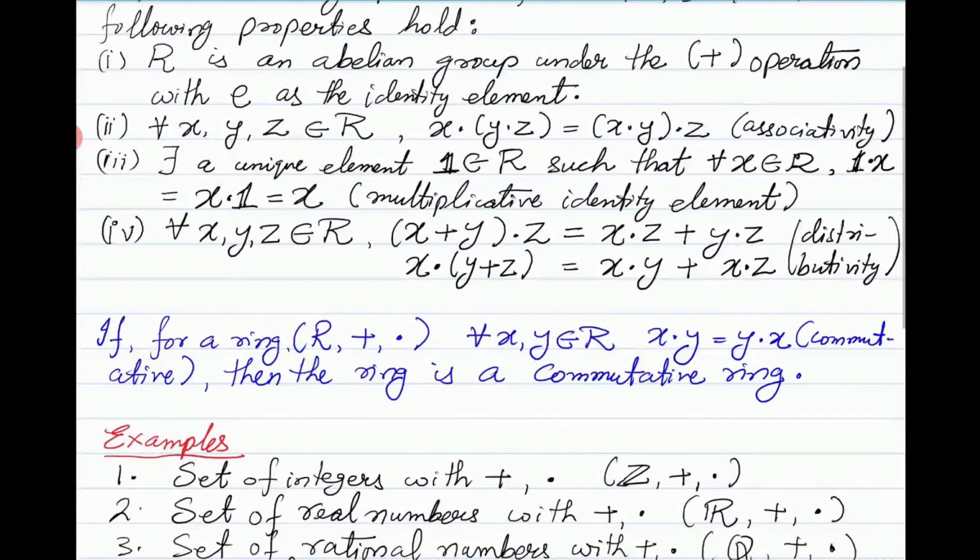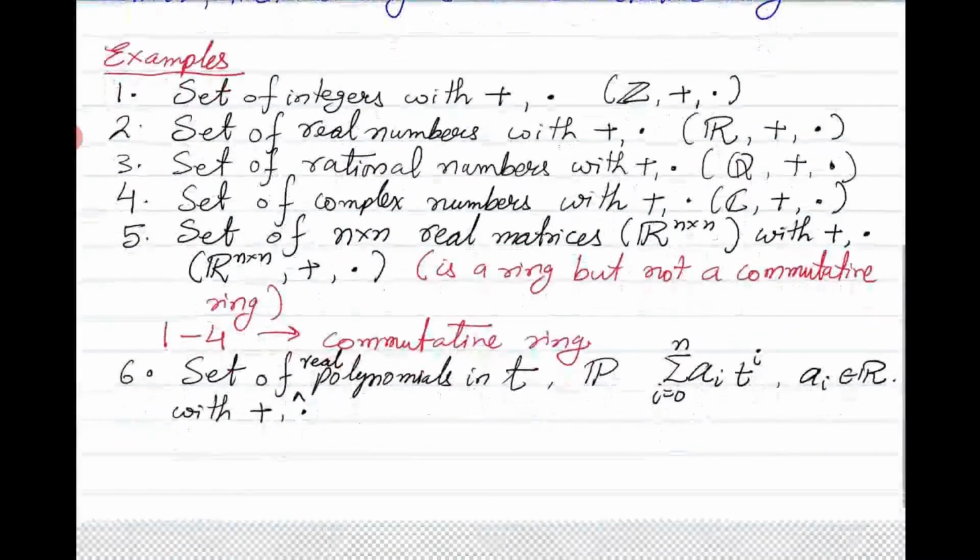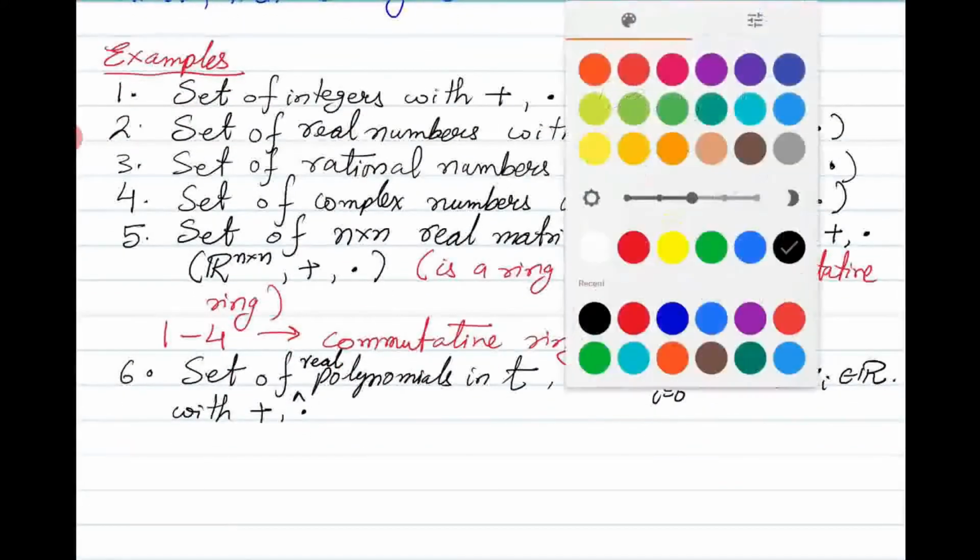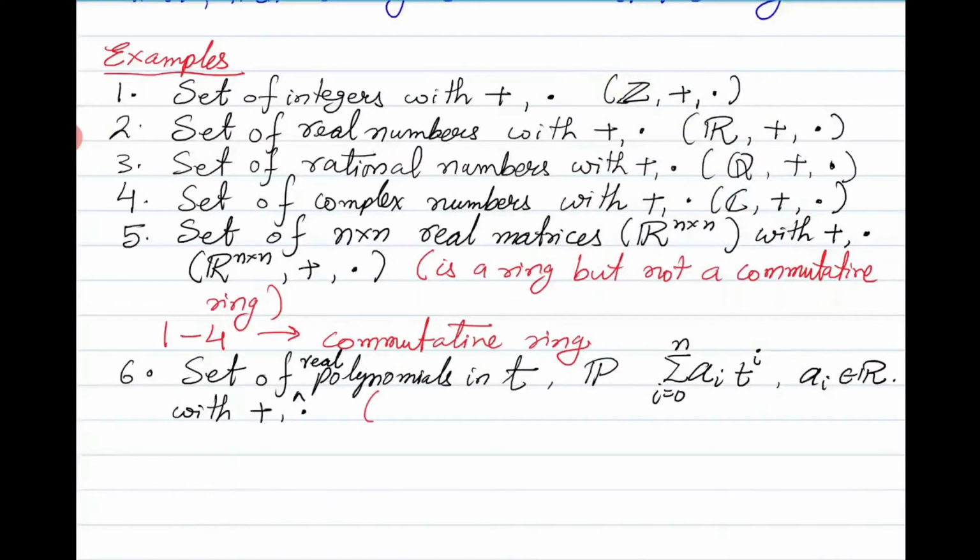So this actually is a ring. In fact, is this a commutative ring? The dot operation is commutative here. So this is also an example of a commutative ring. We will stop here.